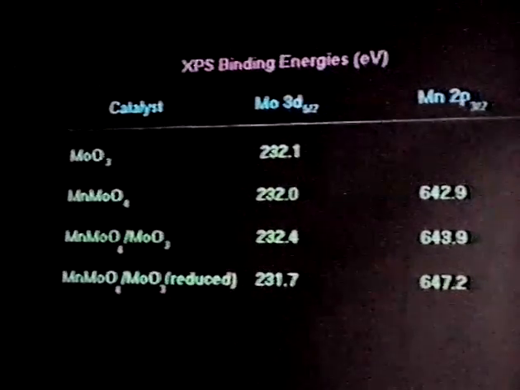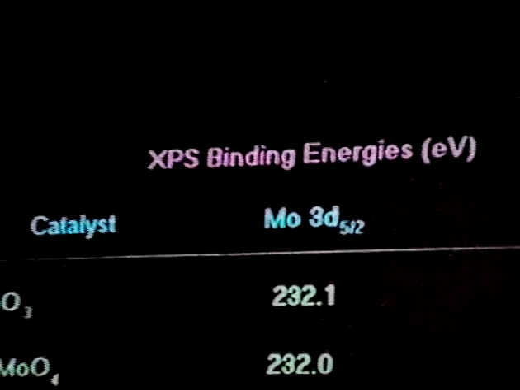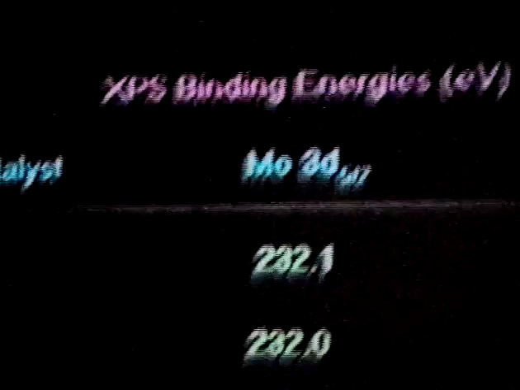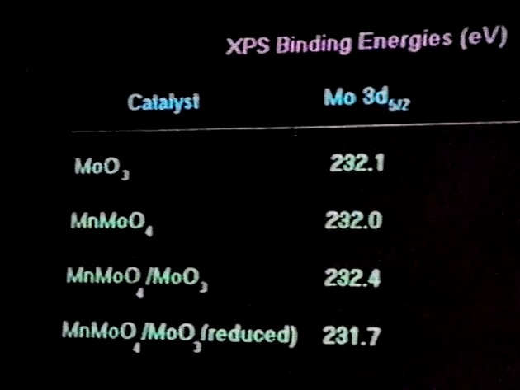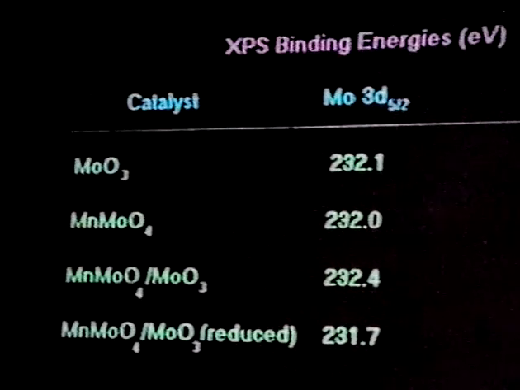Now finally, this set of results is really very, very recent. It's so recent that we haven't had a chance to repeat or reproduce the results, but I'll mention them very cautiously. When we have done XPS studies over these catalysts, we have seen that the promoted catalyst, which was reduced, showed some binding energy shifts.